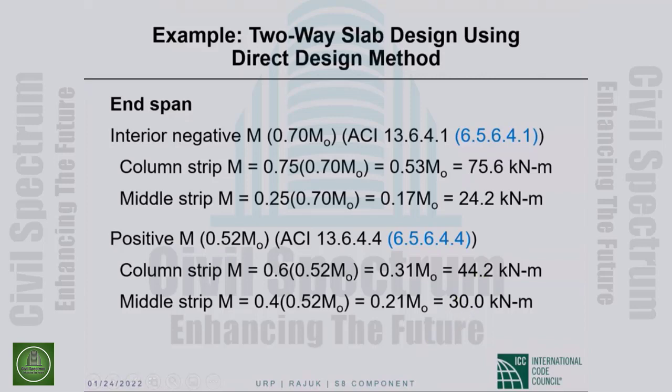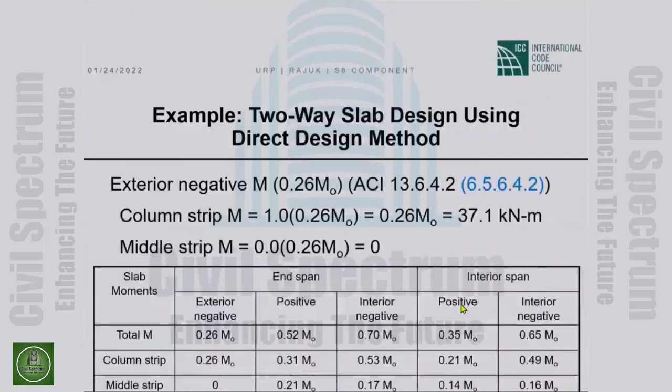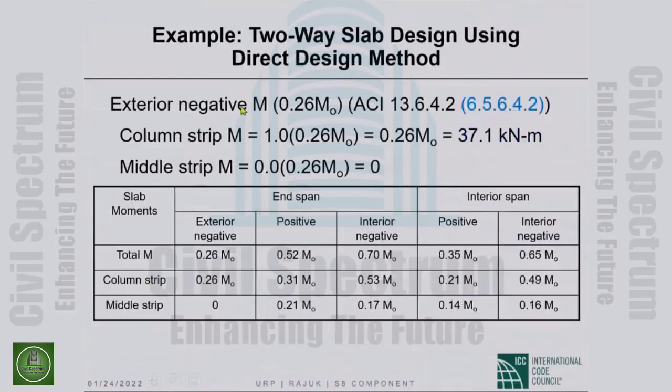Okay, so end span, interior negative moment, so much to the column strip, so much to the middle strip. Positive moment, so much to the column strip, so much to the middle strip. Now the exterior negative moment, remember, is 26% of M sub 0.